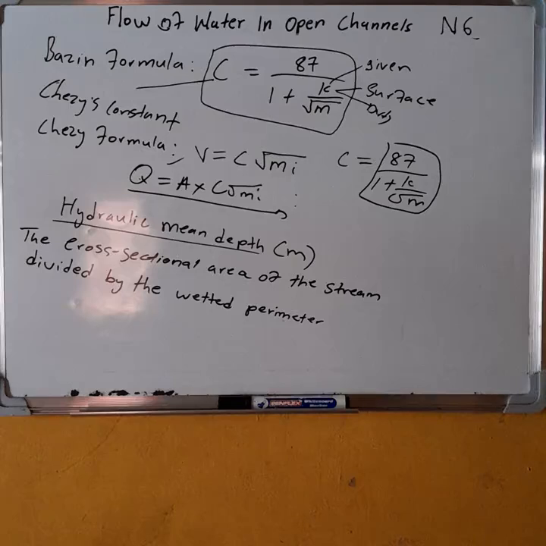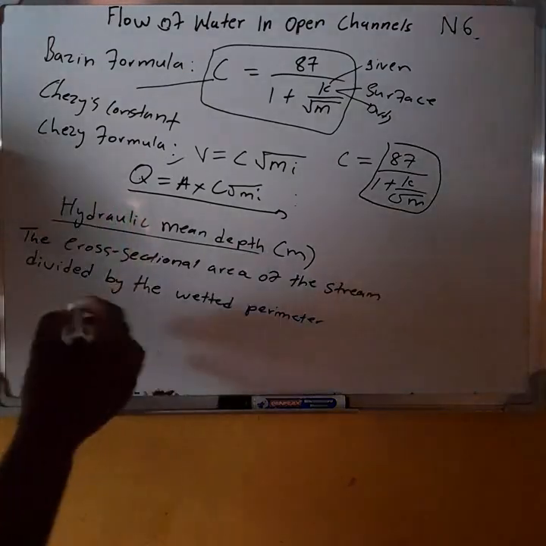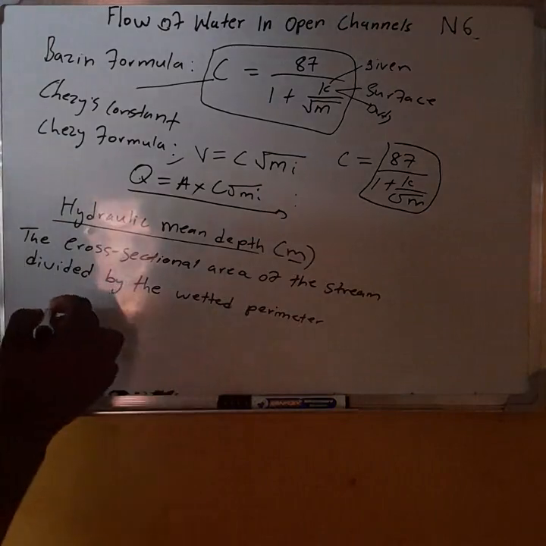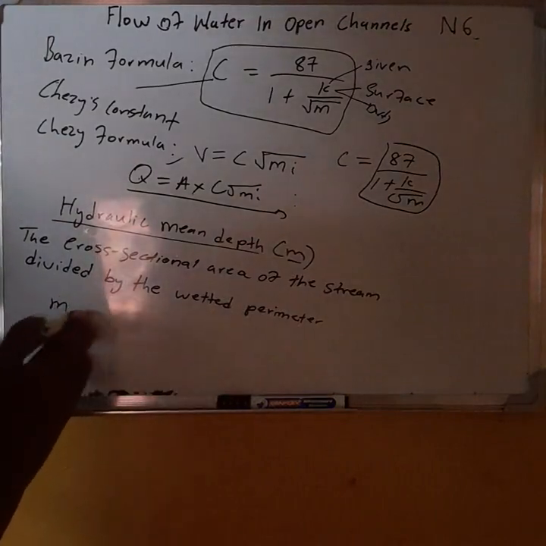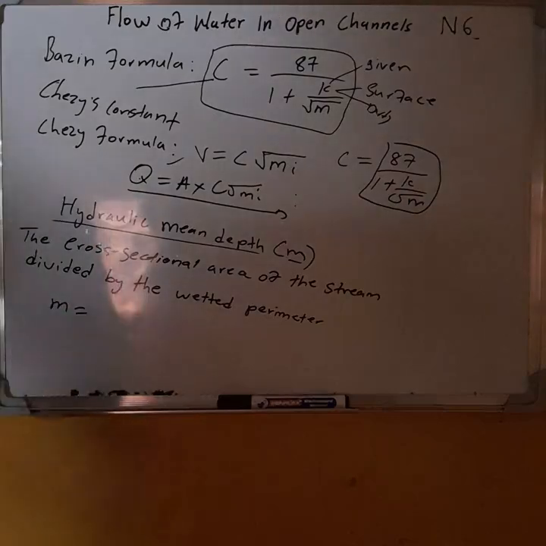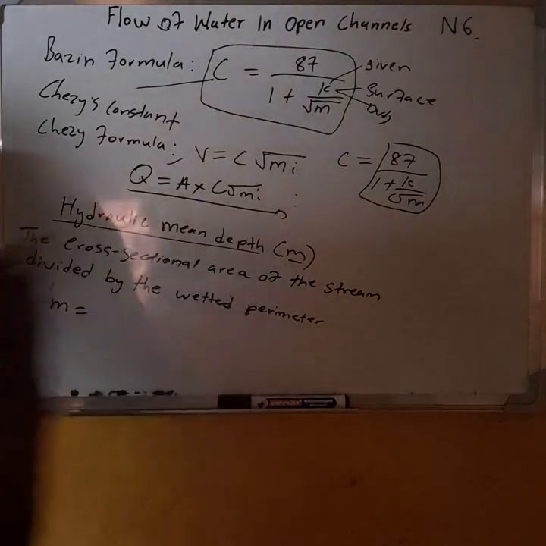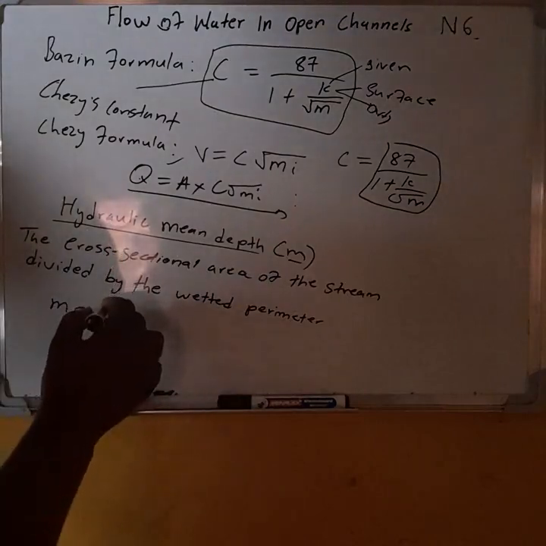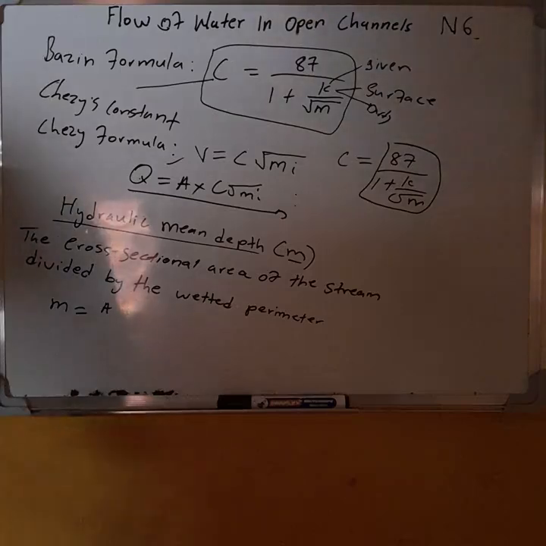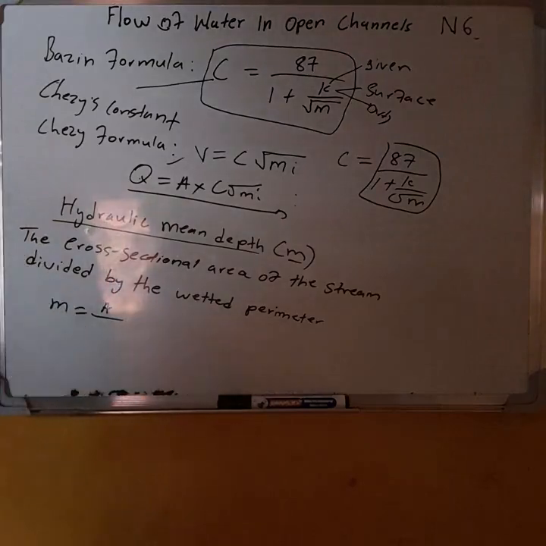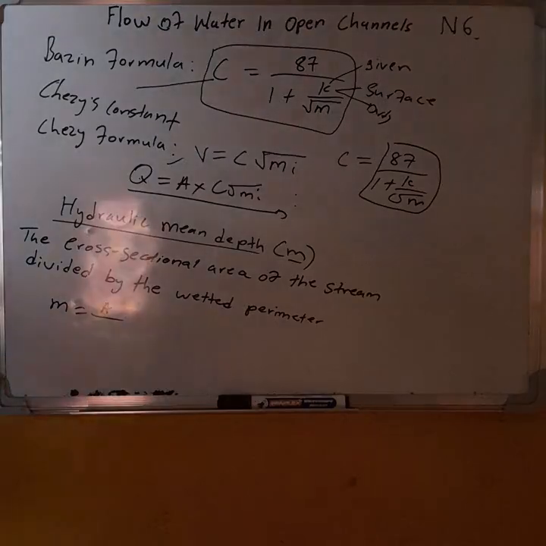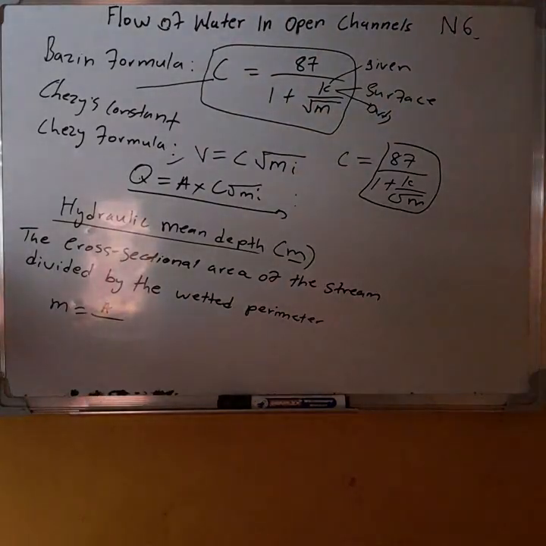So since it's divided by the wetted perimeter, we can derive the formula from this definition. It's clear that hydraulic mean depth is equal to the cross-sectional area, represented by A, over the wetted perimeter, which is denoted by P there.